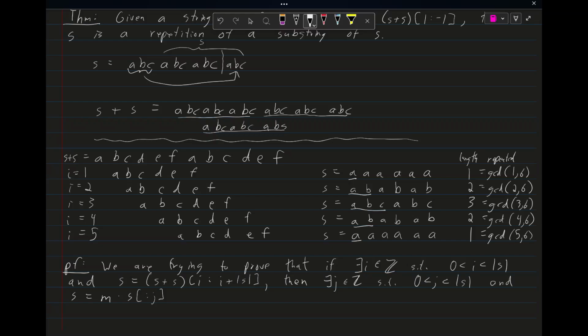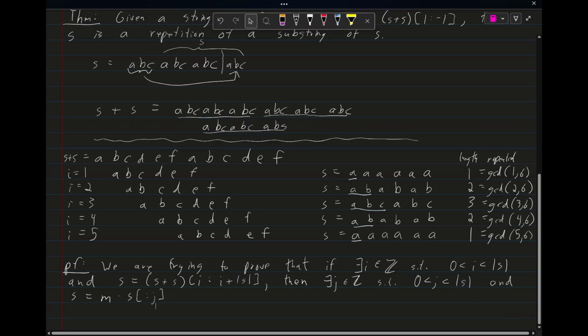And I guess we don't really have to worry about the endpoints too much here because S needs to be a strict substring. Okay, well, I guess that's the only thing we need to make sure. We need to make sure that S is not a strict substring, and so that takes care of that.